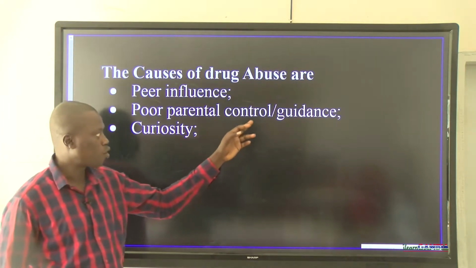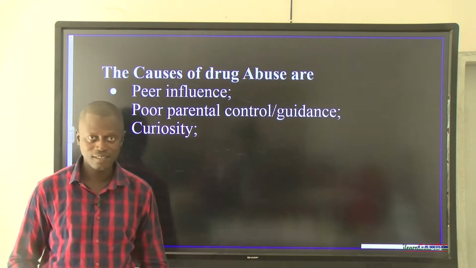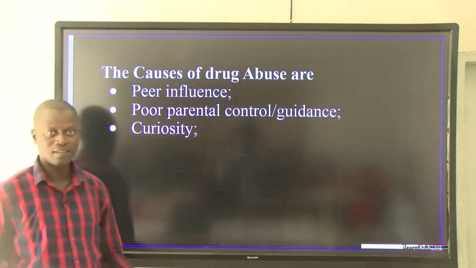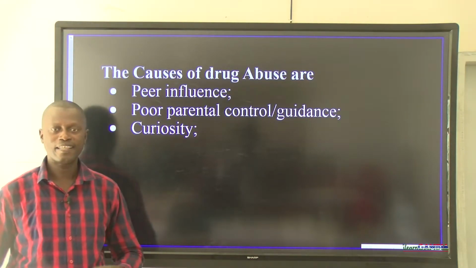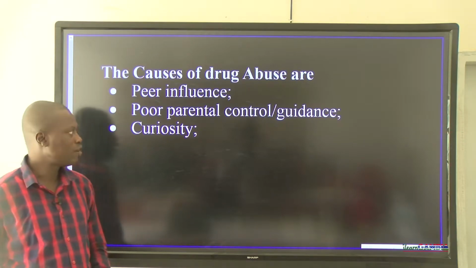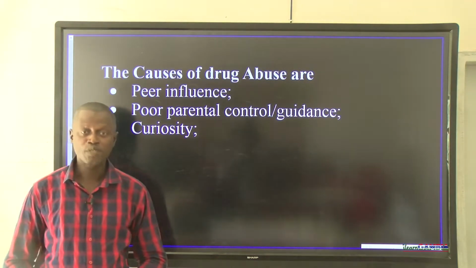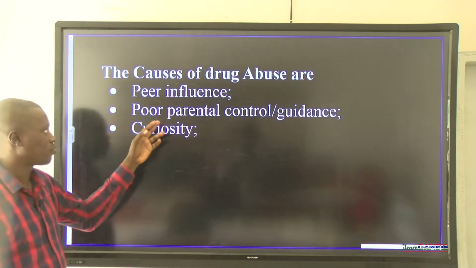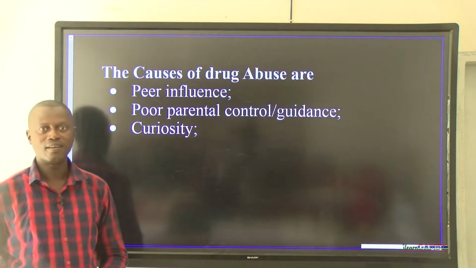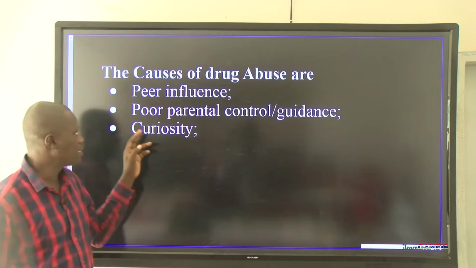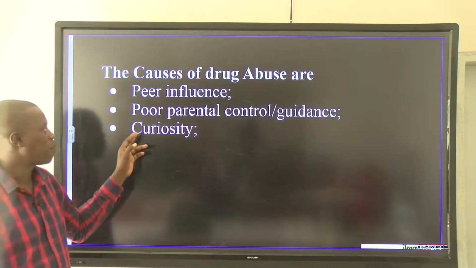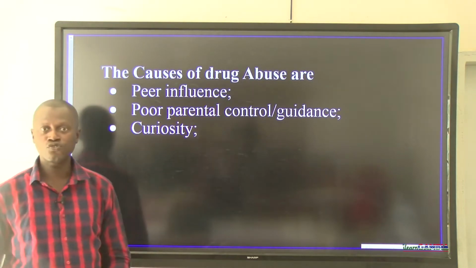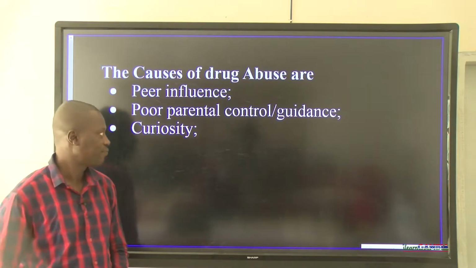Poor parental control or guidance also results in drug abuse. As a parent, one needs to be highly responsible. If you remember, in one of our lessons, we talked about responsibilities of family members, and among them, parents being highly responsible. So if there is the opposite in a particular home, obviously drug abuse will become the order of the day.